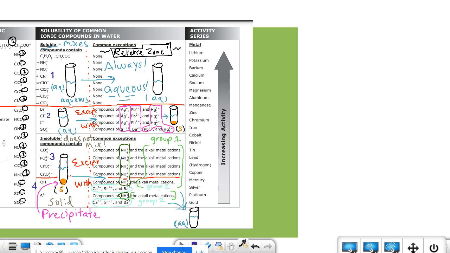Group 1, always aqueous no matter what positive cation they get with. Group 2, aqueous most of the time except when they get with Ag, Pb, and Hg. Group 3, they want to be solid, insoluble precipitates except when they get with ammonium or any group 1 metal, any alkaline metal. And number 4, they want to be solids as well except when they get with group 2 elements, ammonium, and things like that.